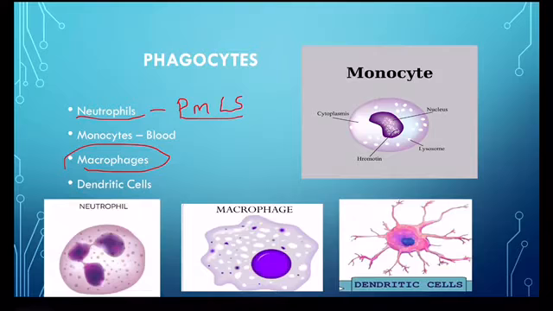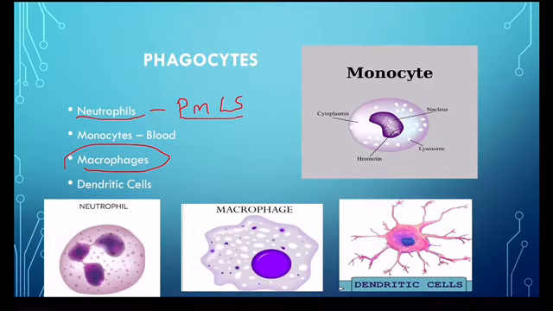The cytoplasm contains granules. Primary granules are also called azurophilic granules, and the cytoplasm also contains secondary granules which are rich with enzymes like gelatinase, lysozyme, and collagenase.